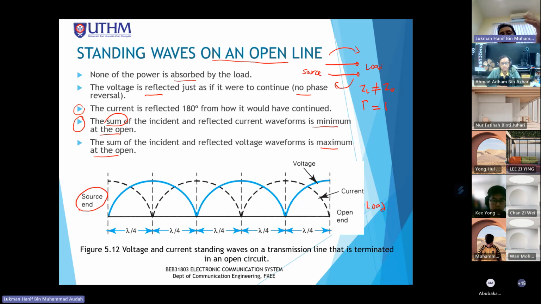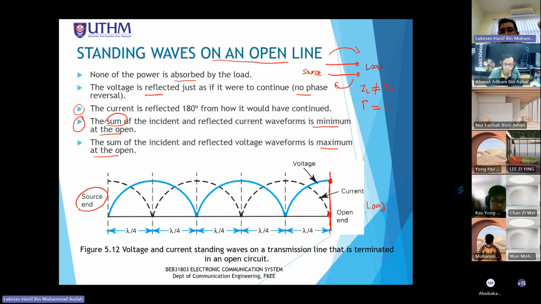For the open line, the voltage at the open line, here on the right side, is maxima. We call it antinodes. And the current at the open line is minimum.